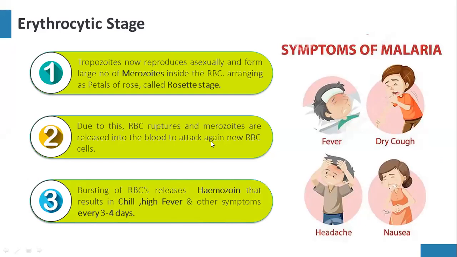You know, students, what is that hemozoin? Hemozoins were the left behind heme particles, which were called Schaffner's dots. Those hemozoins are released into the blood plasma. These hemozoins are the reason behind the chill, high fever, and other symptoms every 3 to 4 days.